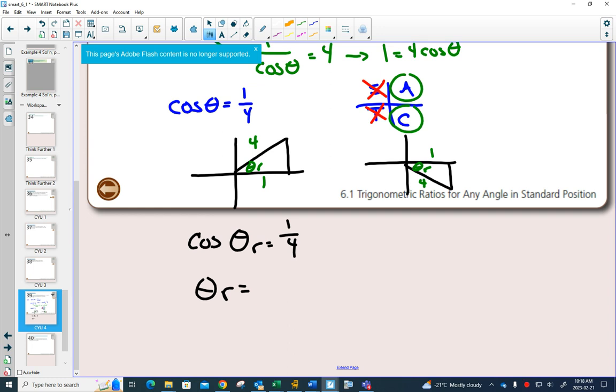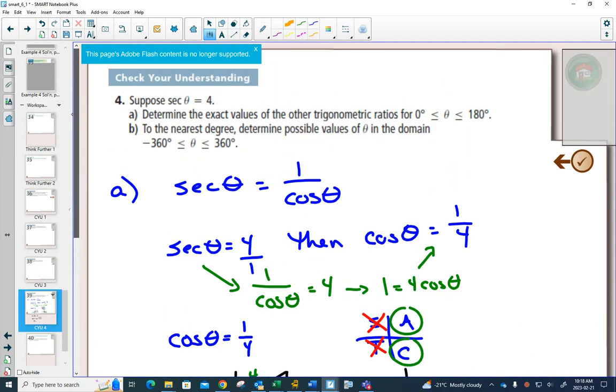Cos inverse, right? We would type into our calculator cos inverse of 1 over 4, and we would find our reference angle to be 75.5 degrees.